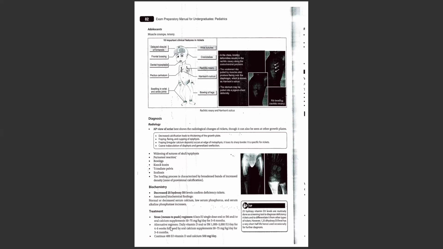The alternative regimen is daily vitamin D, oral or intramuscular, 1000 to 5000 international units per day for 4 to 6 weeks, followed by oral calcium supplements 50 to 75 milligram per kilogram per day for 3 to 6 months. That is, along with vitamin D, we have to supplement oral calcium. Then continue the maintenance dose of 400 international units of vitamin D and calcium 500 milligram per day.